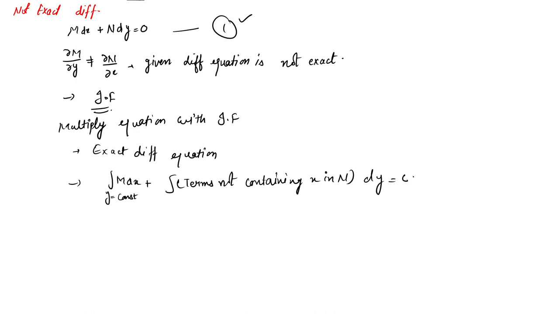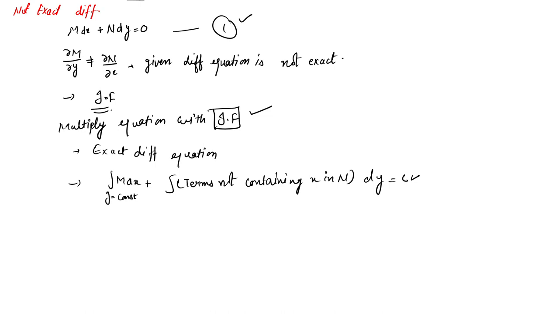So by this method we will find a solution of the differential equation. Now here comes the question: how can we find an integrating factor, and which types of integrating factor would there be?